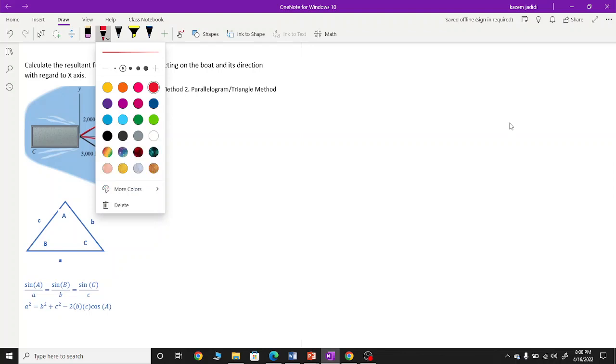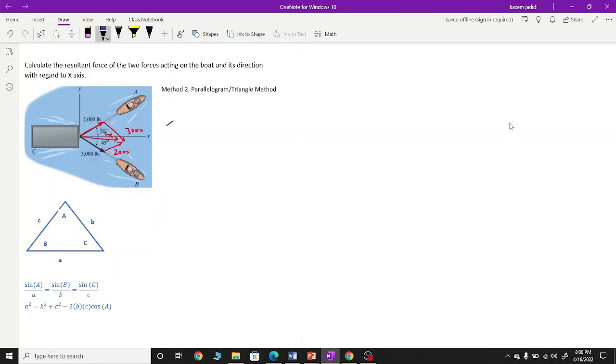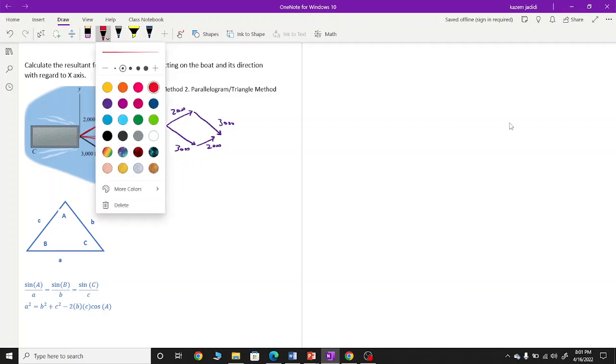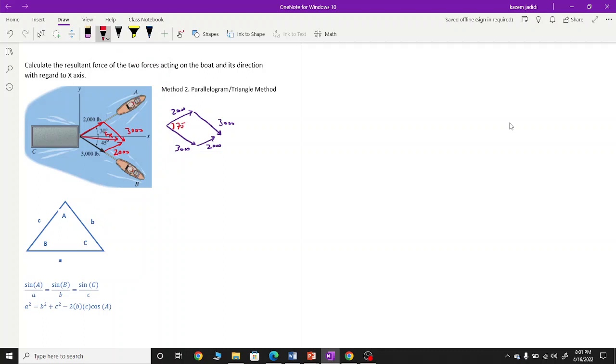I need to do some calculations, therefore I'm going to draw this outside and find some parameters that I need. So this is 3000, this is 2000, again this is 3000, they are parallel, and this is 2000. Now from the original drawing you can see that this angle is 75. That means that this angle also is 75, and we can calculate these two angles because they are equal.